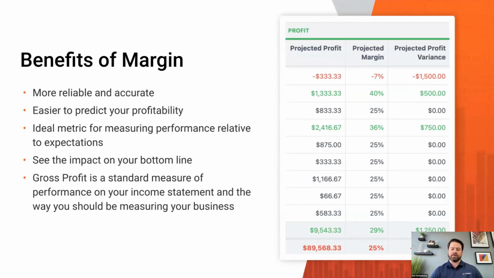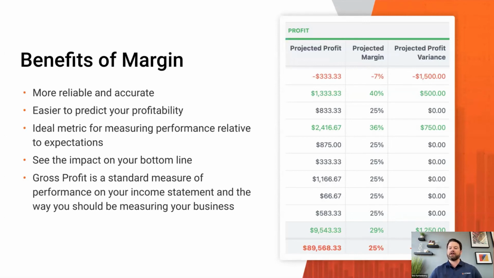So if a project was sold at a 50% profit margin, and then your costs start escalating and you're overrunning your budget, you're going to see that impact on how you're performing on that job. You can see that on the bottom line and on a line by line basis, how that's going to affect that job relative to what you were targeting.